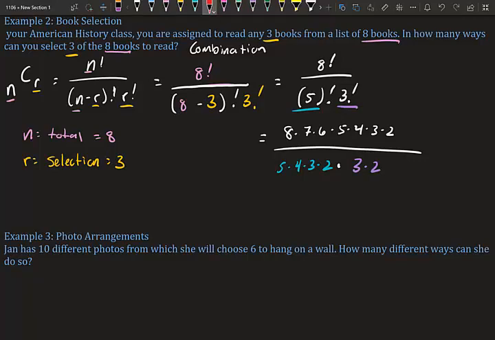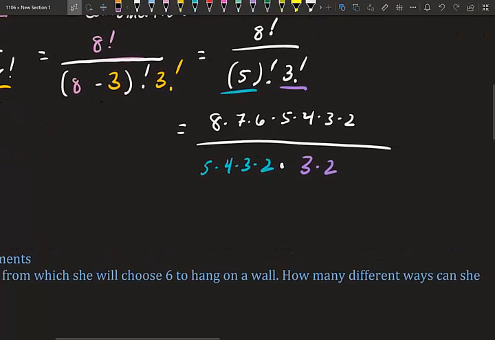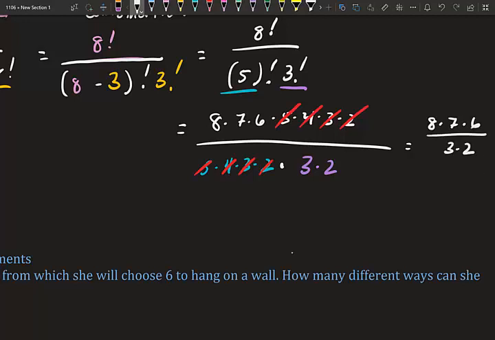We can cancel out identical things. So you see how we have a 5? We can cancel that out. A 4, a 3, and a 2. So what we have left is 8 times 7 times 6 over 3 times 2. You can cancel out the 6 and 3 times 2, but if you don't see that, that's okay.